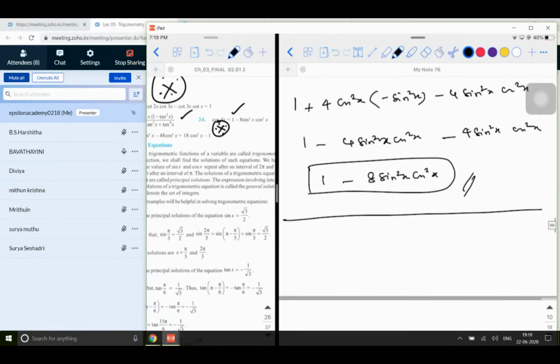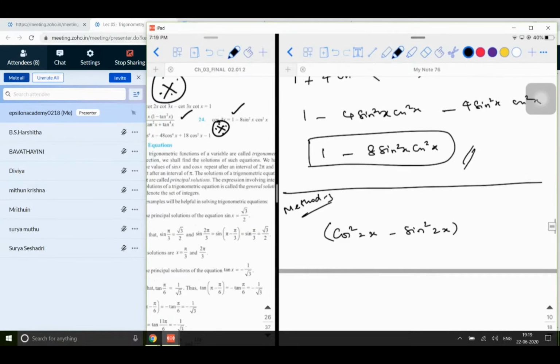The other method is you have cos square 2x minus sin square 2x. That is a step, right? So this is method 3. So cos square 2x minus sin square 2x. Okay. Now how I am looking at it is a square minus b square.